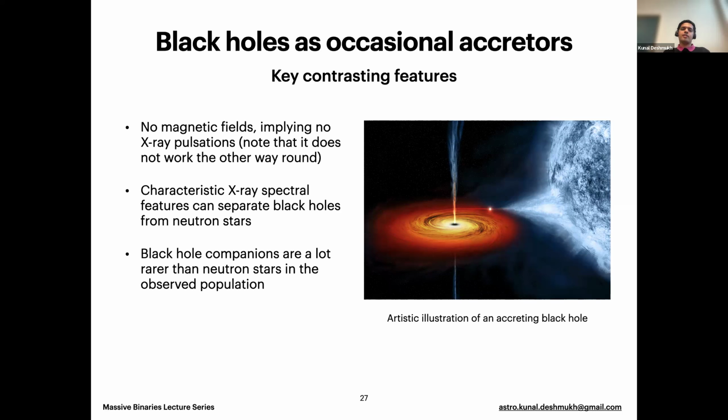You can also have, like I said, some unfortunate alignment to the object, or it could be in a quiescent state, so that you don't see pulsations from a neutron star high mass X-ray binary. Black holes also have very characteristic spectral features that can separate black holes from neutron stars. It's not always easy, but in some cases it really helps.